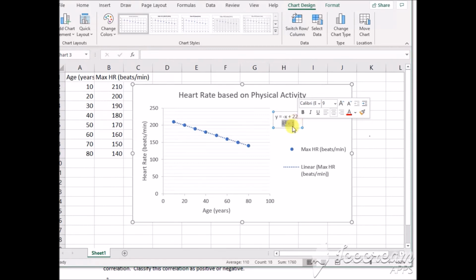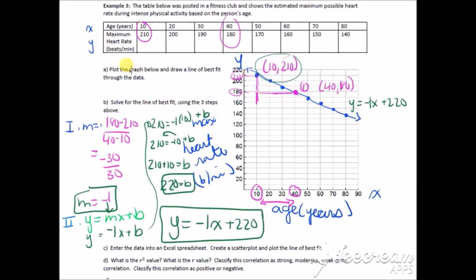When we root r squared, we root 1, and I'm going to do this on the paper. We also get 1, which means it's a perfect line. And if you take a look at this, it is a perfect line. We can also tell that it's a perfect line because going up in the x values is consistent, and then going up in the y values is also consistent.